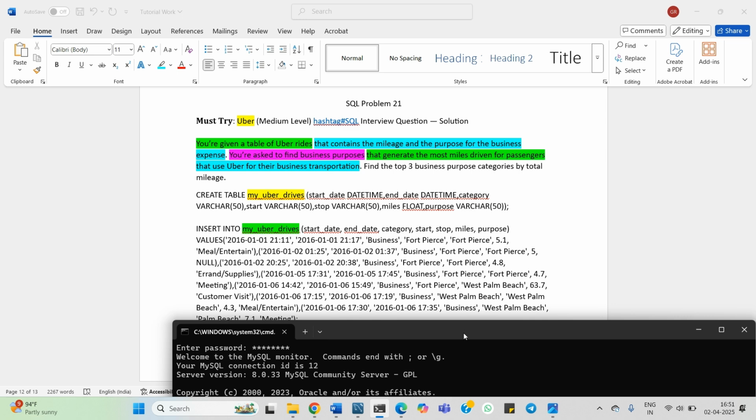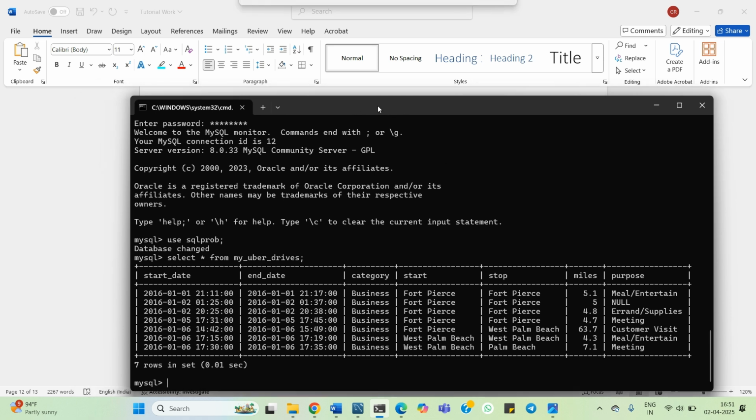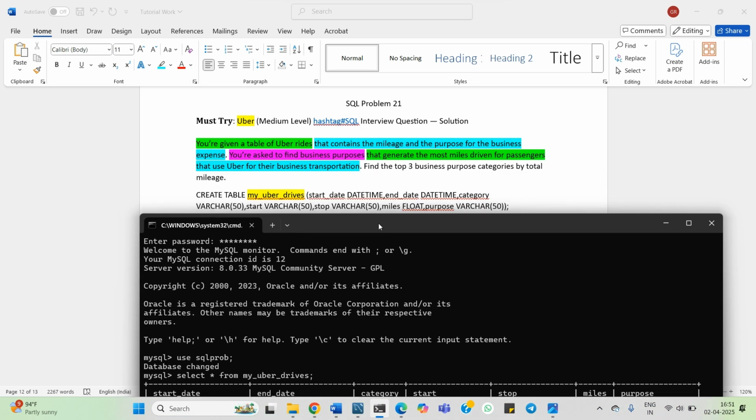So we have to find the purposes that generate the most miles. For example, meal entertain has a total of 549 miles, which is the total miles of that purpose. So in this problem we have to find the highest total miles for a particular purpose.